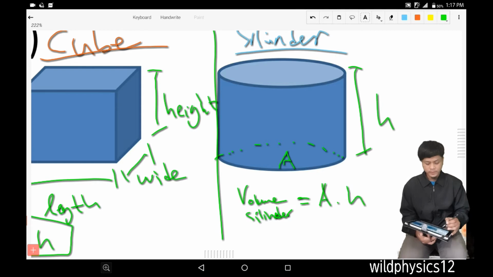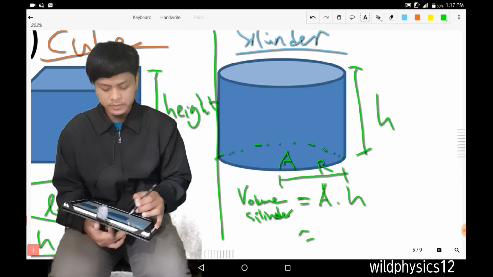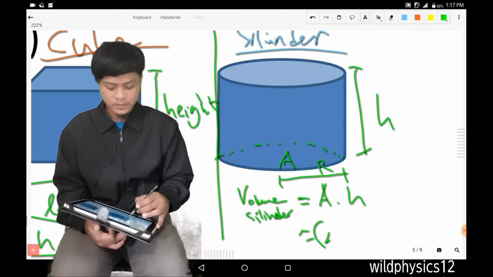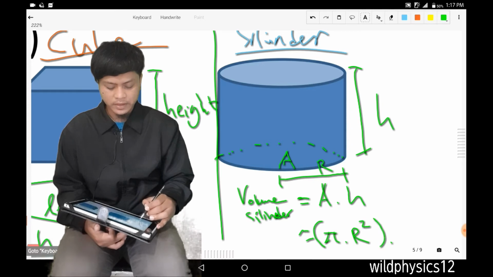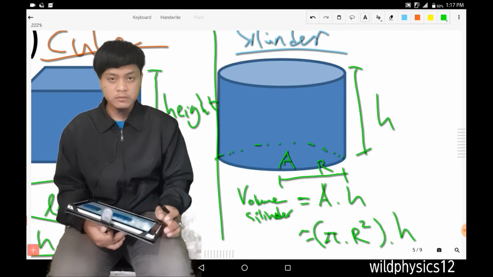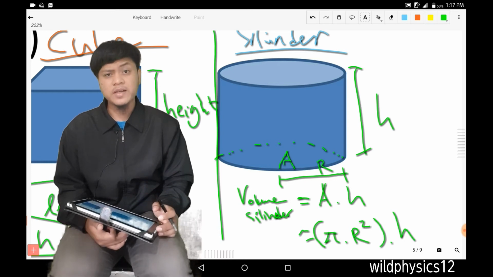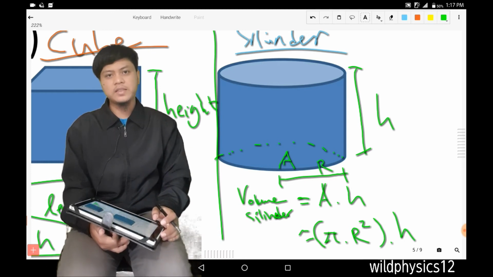If we know the radius of the circle, the area of the circle is pi r squared, so the volume is pi times r squared times h. So it is easy to find the volume of a regularly shaped object by using the formula from math.